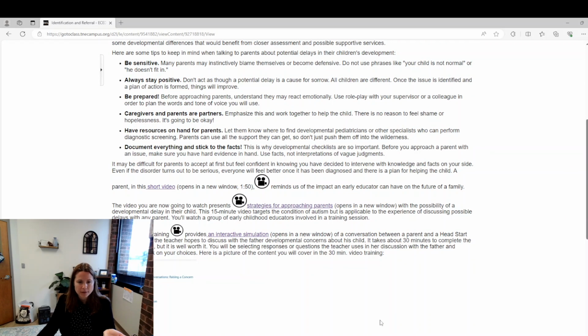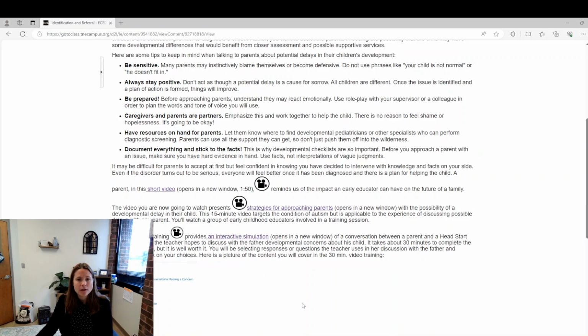How do you approach the parents, right? There's even a training, like an interactive simulation of how someone's having a conversation between a parent and a teacher that is discussing those developmental concerns. Okay, so this is a really good way for you to see how this conversation would go.